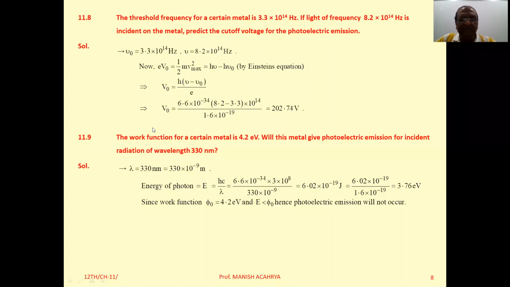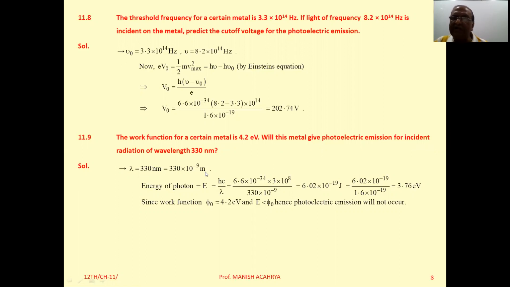11.9. The work function for a certain metal is 4.2 electron volt. Will this metal give photoelectric emission for incident radiation of wavelength 330 nanometer? Now see, lambda is 330 nanometer, so that is 330 × 10^-9 meter.